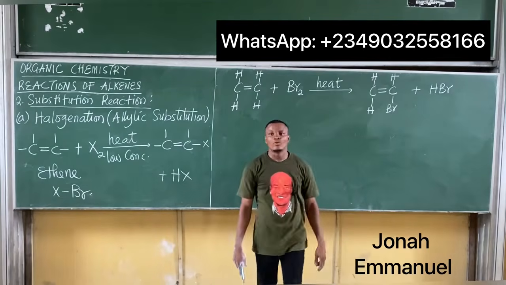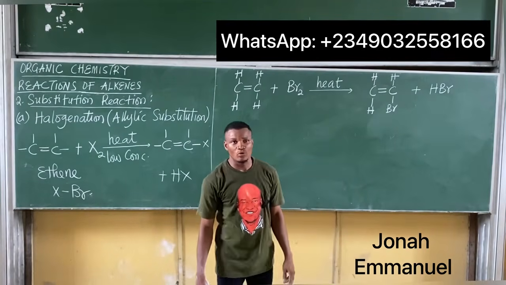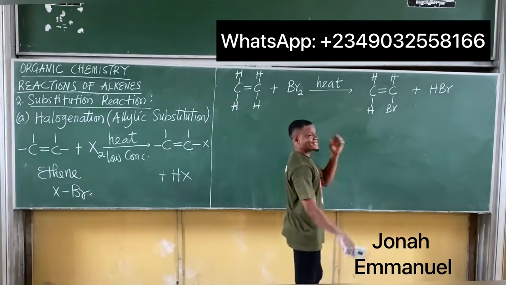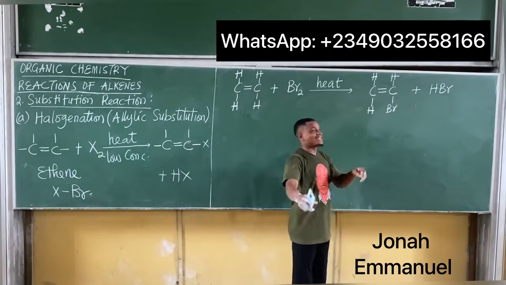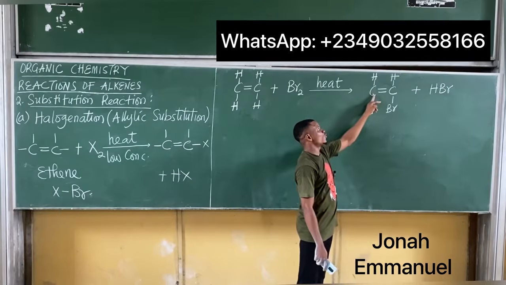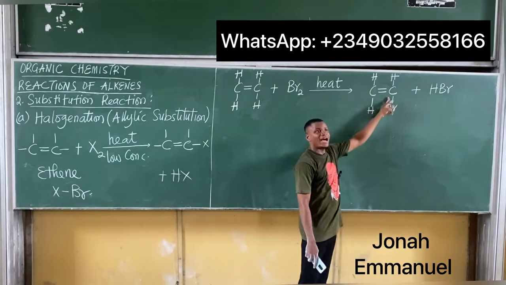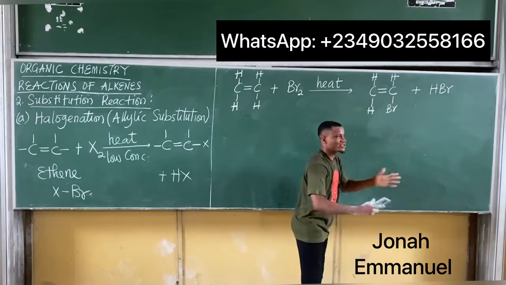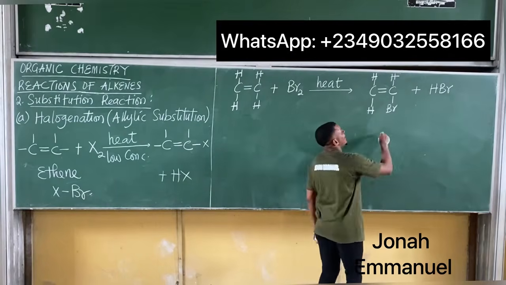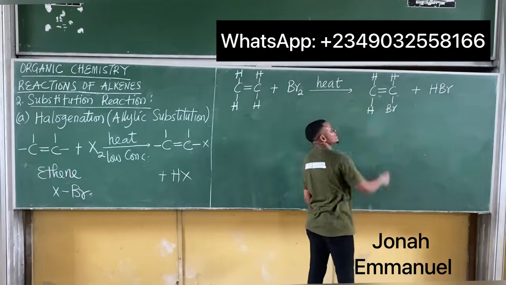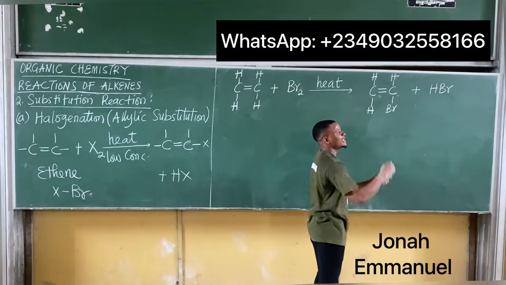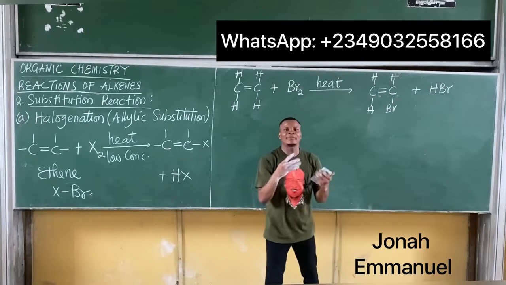Someone is telling me 2-bromo. Please be careful. It can't be 2-bromo. People make this confusion. You don't go and say, okay, this one has a double bond, so 1, 2. No. Actually, before you start numbering, check both sides. If I count from both sides, I have 1 carbon before the double bond on each side. In the case where you have the same number on both sides, the double bond is no longer the priority.